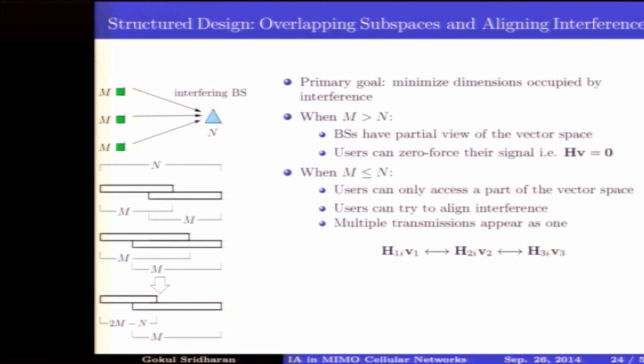There could be more overlap between what was common to these 2 users and what this particular user can access. So then I get the overlap between this 2m minus n space and this m dimensional space. In that case, I get a packing ratio of 3:1 because I've made these 3 transmitters appear as a single transmitter at this particular interfering base station. So essentially, it boils down to a counting argument on how much overlap there exists for any given m and n for a particular network.